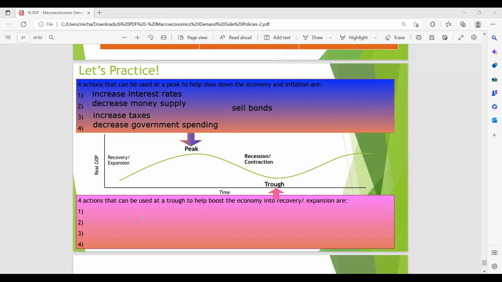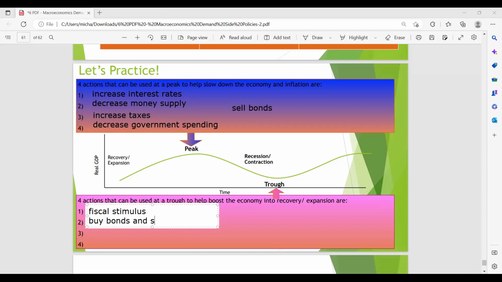Great work, everyone. And then four actions that can be used at a trough to help boost the economy into recovery and expansion are what? Fiscal stimulus, that's great. That's a good one. What else? Buy bonds and stocks, yes.